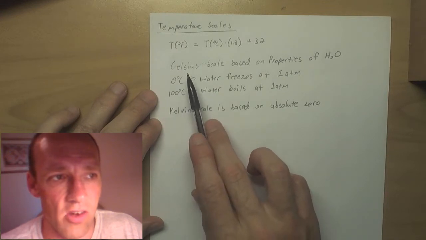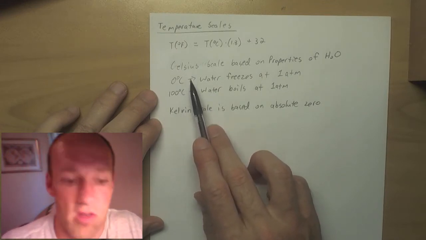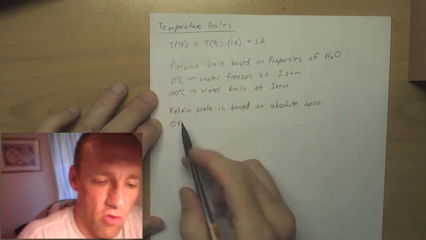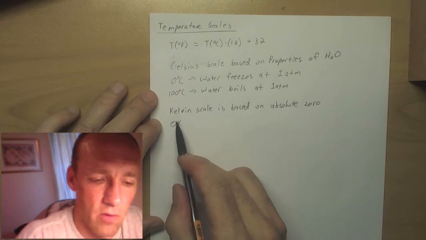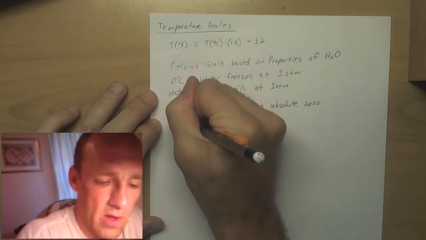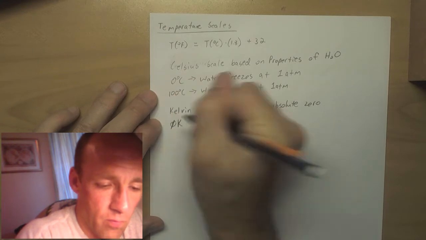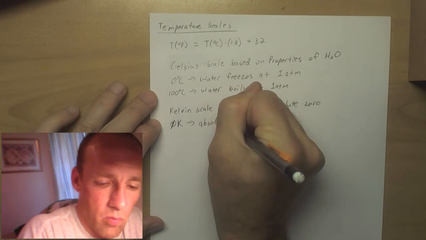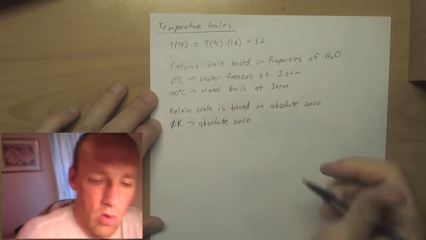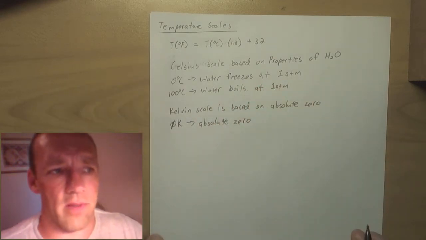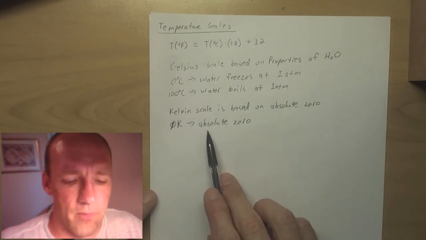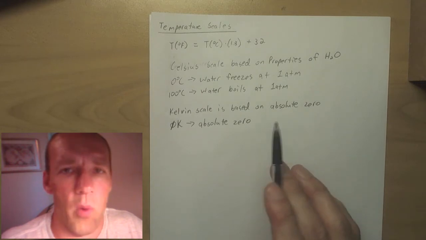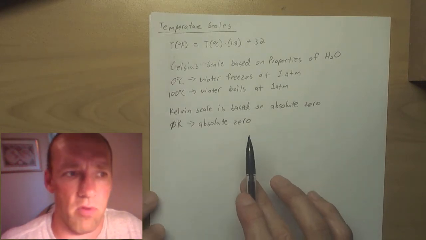So it's essentially degrees Celsius just shifted so that 0 Kelvin, again, there's no degree symbol for Kelvin, so 0 Kelvin is absolute zero, which is a sort of theoretical point at which all molecular motion stops.